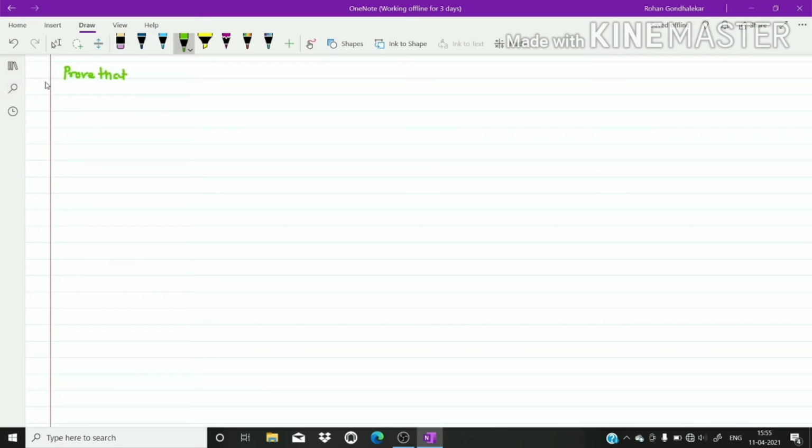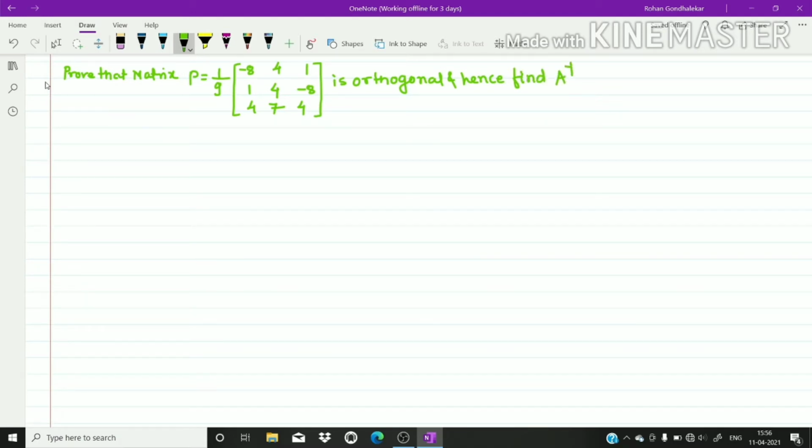Prove that the matrix P is equal to 1 upon 9 into bracket -8 4 1, 1 4 -8, 4 7 4 is orthogonal, and hence find A inverse.